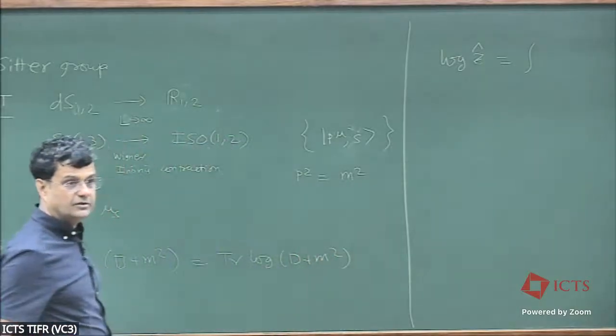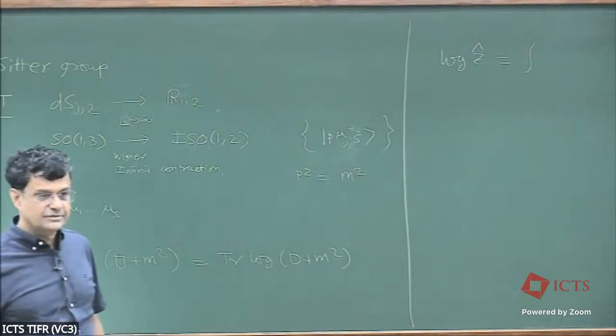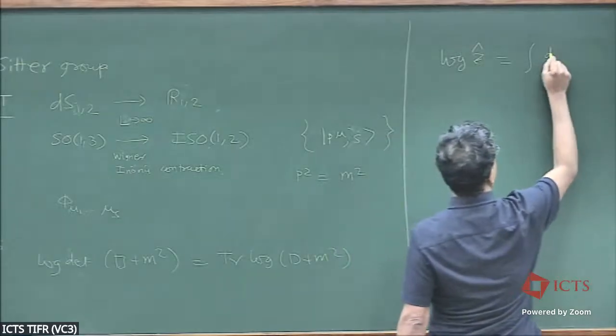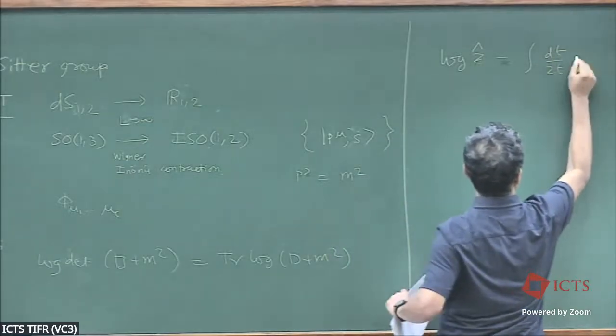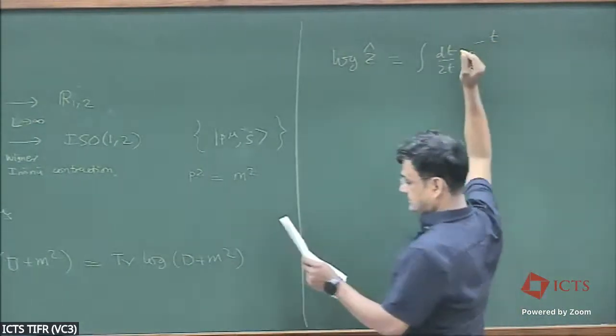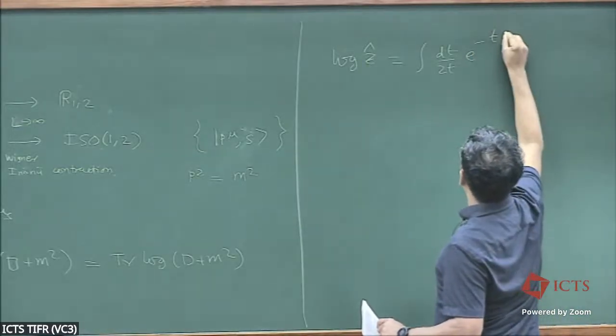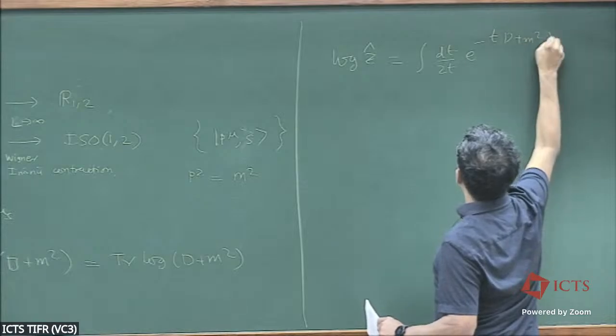And the log can be represented using the Schwinger representation as an integral dt over 2t e to the minus t (box plus m squared), roughly.